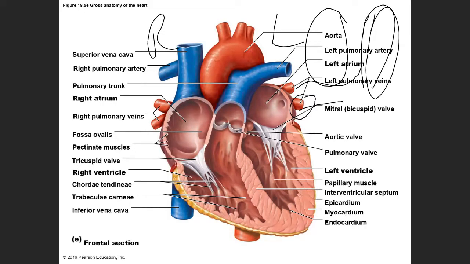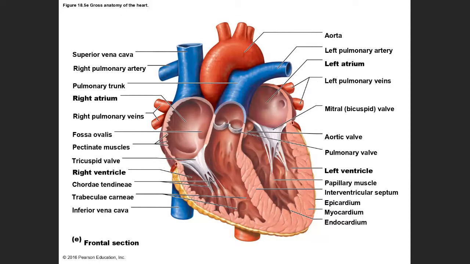Therefore, we have right and left pulmonary veins. As blood starts to fill the left atrium, blood pressure will increase. The increase of blood pressure will open the valve. What is this valve called? Bicuspid valve.